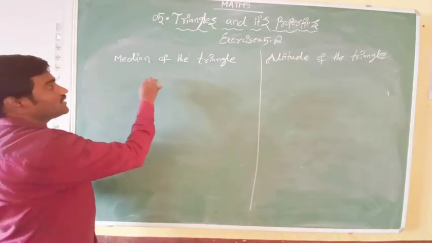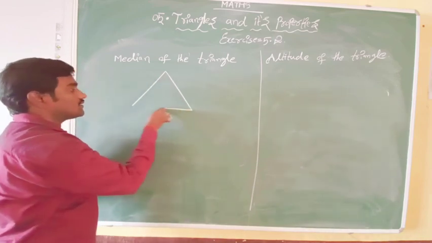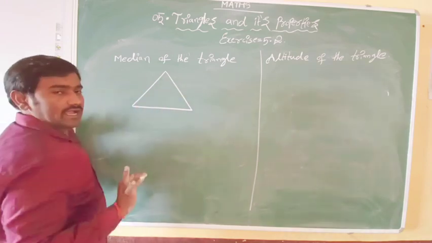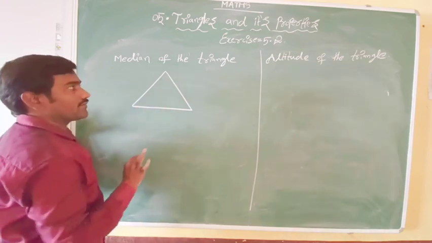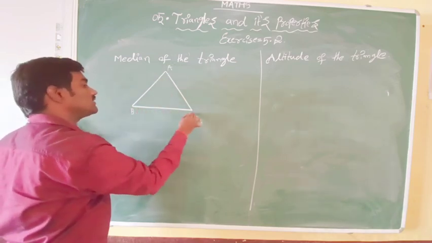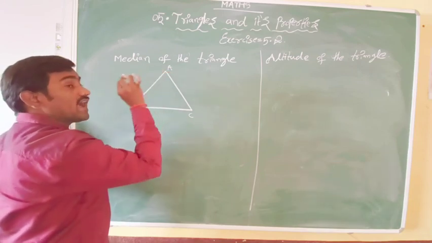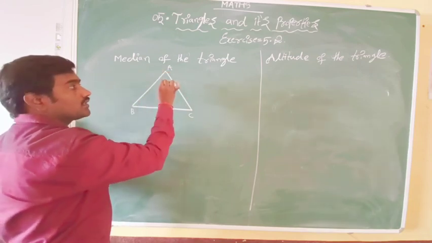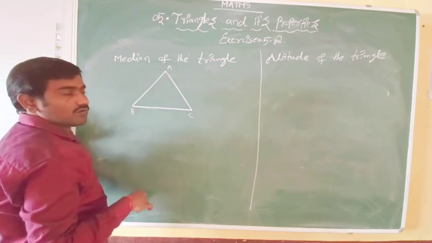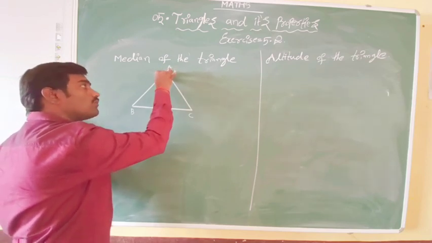Okay, so median in the sense, suppose you take any triangle, any kind of a triangle. Namely, you take A, B and C. Here the median in the sense a line segment we start from one of the vertices of the triangle to the opposite side.